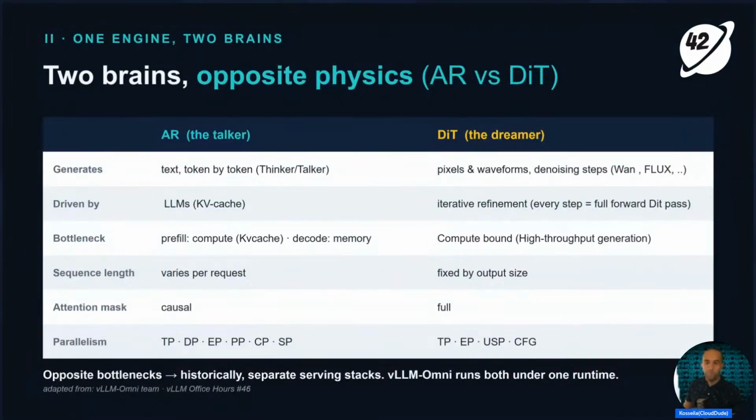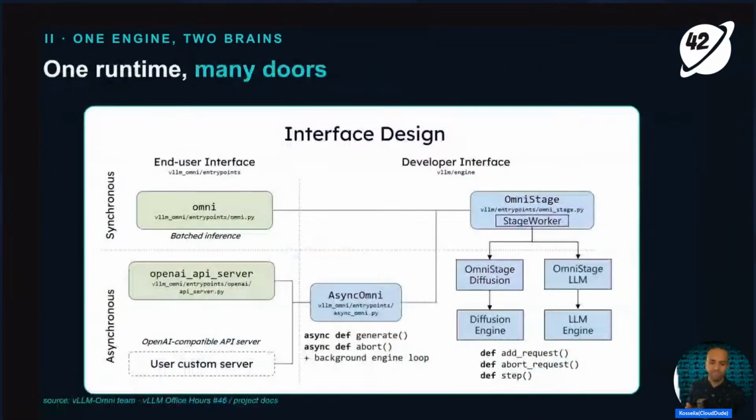Okay, so it's always good to still check how it works at the API surface, right? Again, it's very similar to vLLM here, with two paths under the same runtime. We have on one side the offline batch serving, which is a synchronous path called Omni. That's the main class, mostly through Python.